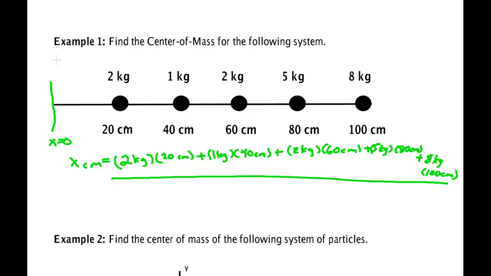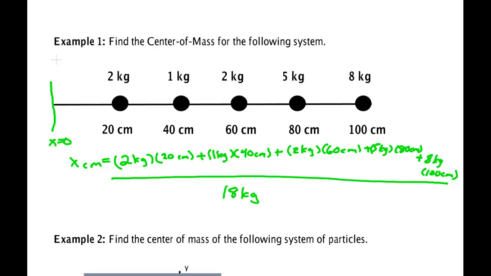And then you have to divide by all of the students: 2, 1, 2, 5, 8. So 2 plus 1, that's 3 kilograms, plus 2 kilograms is 5, plus 5 kilograms is 10, plus 8 is 18 kilograms. So we take our calculator, of course, and we calculate what that value is.